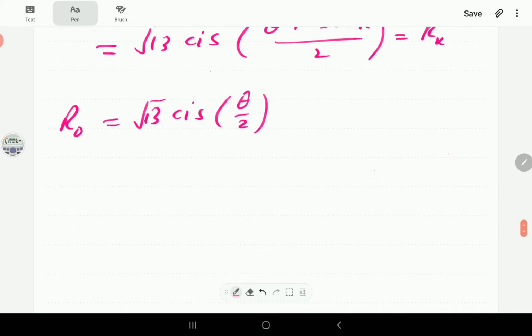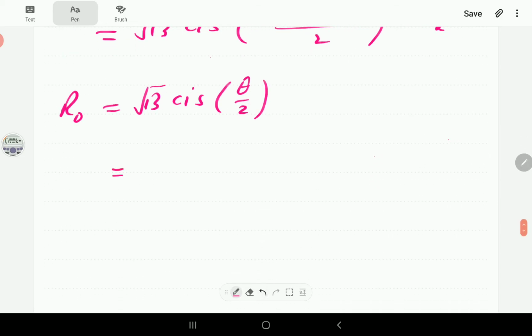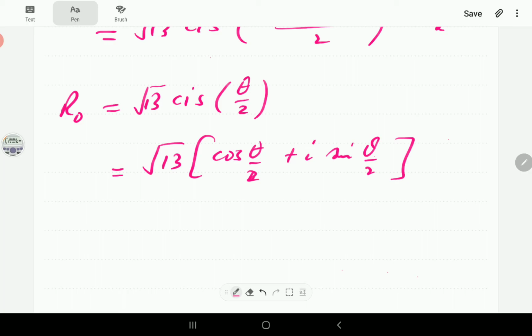Then we punch this in the calculator. So the real component is going to be square root 13 times cosine theta on 2. The imaginary component is going to be square root 13 times sine theta on 2. So let's see what the calculator is going to give us.